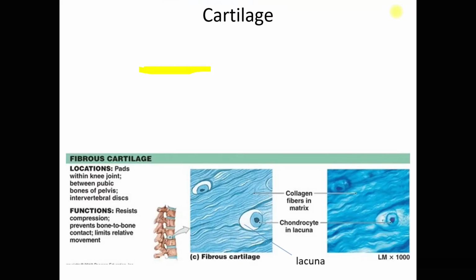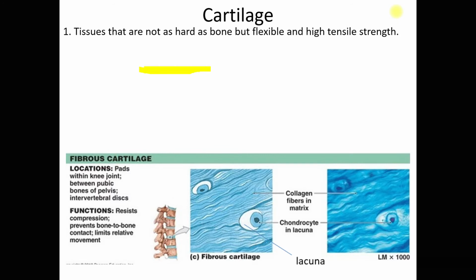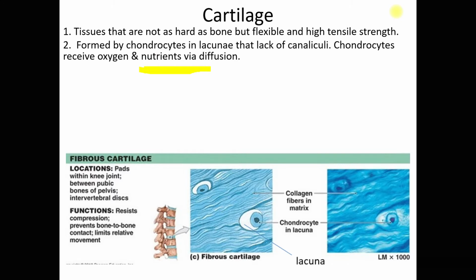Okay, now cartilage. Cartilage are tissues that are not as hard as bone but flexible and high tensile strength. Okay, so cartilage are formed by chondrocytes. You can see this. This is one example of cartilage. All right, fibrous cartilage.